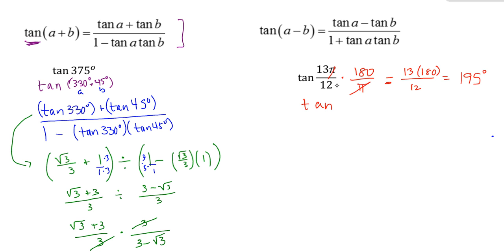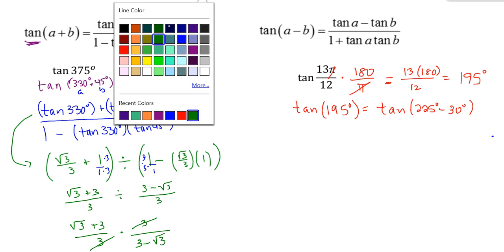So tangent of 195, and I'm going to rewrite 195 as 225 minus 30. There are other combinations you can do. Those are just the ones I'm going to choose to do.